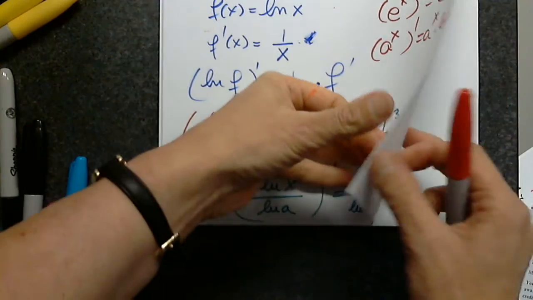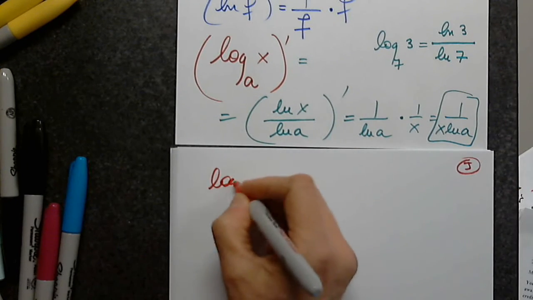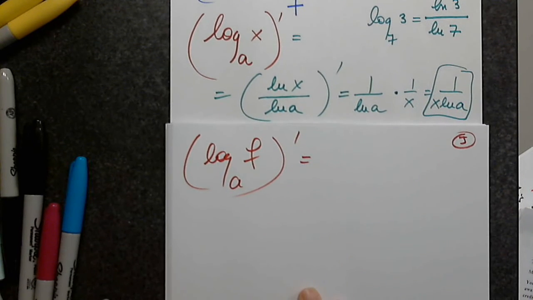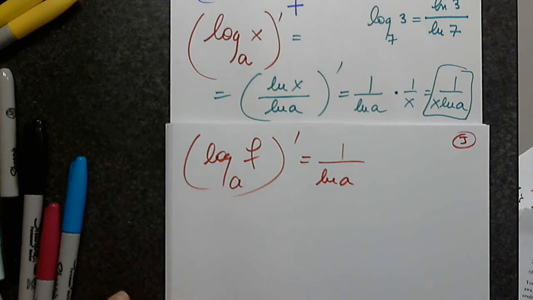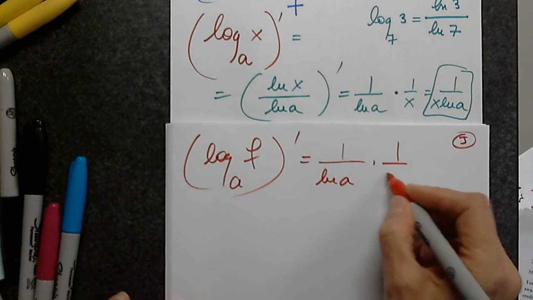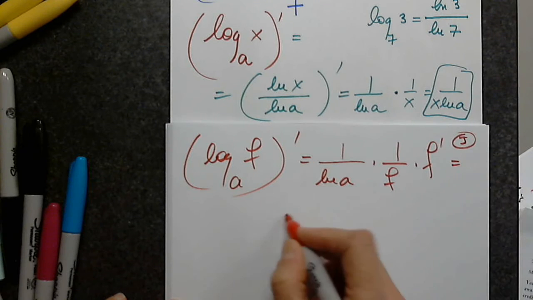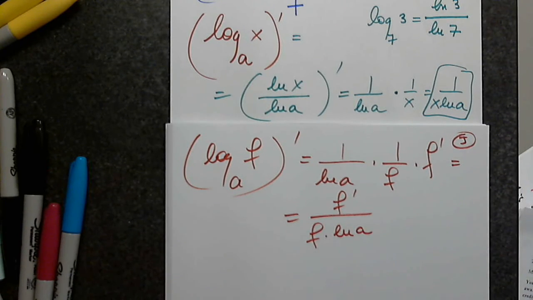And now, of course, let's put, instead of x, a function. And what would you say for log base a of a function prime? One over natural log a times 1 over f times f prime. Perfect. Awesome. So this is basically f prime divided by f times natural log a. Very good. Perfect. Okay.